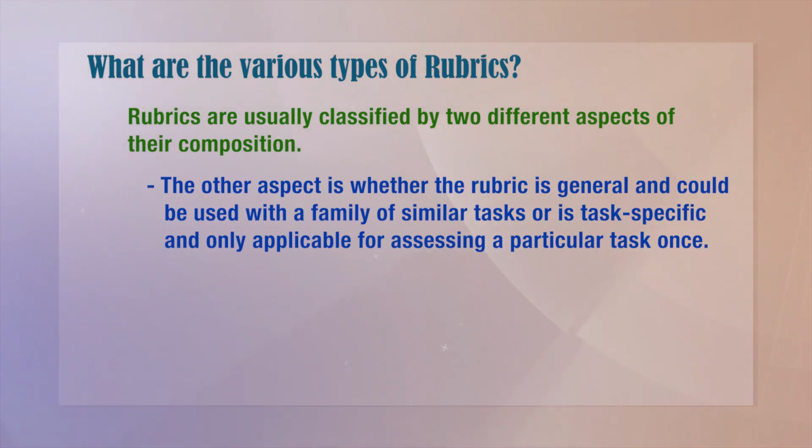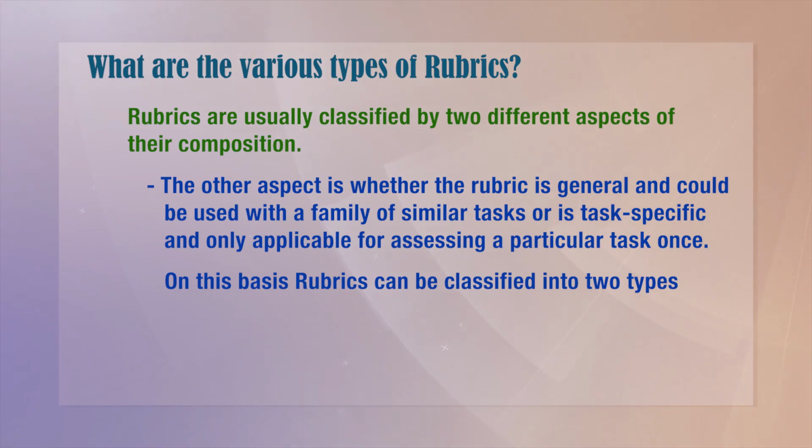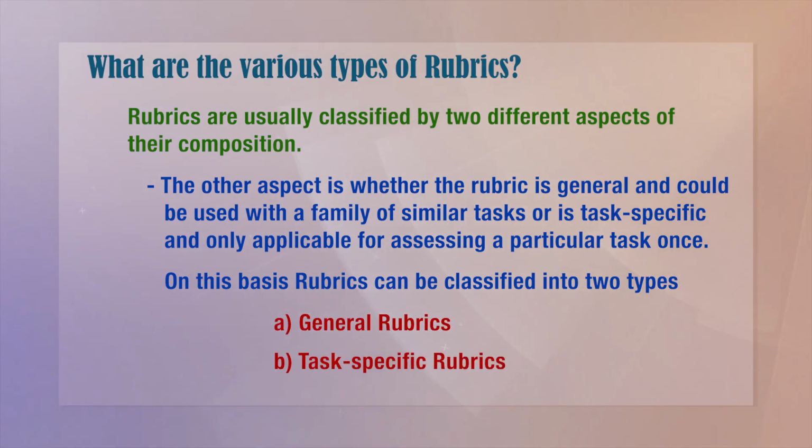The other aspect is whether the rubric is general and could be used with a family of similar tasks, or is task specific and only applicable for assessing a particular task once. On this basis, rubrics can be classified again into two types: general rubrics and task specific rubrics.